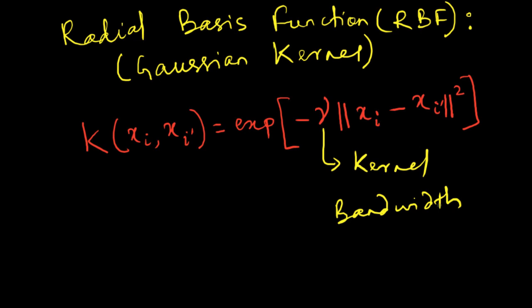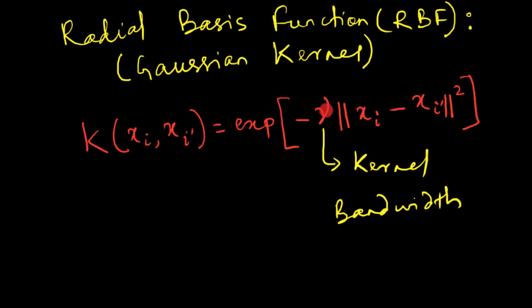So this is the most widely used kernel function because this has in some sense an infinite amount of flexibility. So if you choose your gamma to be very, very high, then this leads to an arbitrarily complex nonlinear decision boundary, because then every small distance between the points x i and x i prime is penalized very heavily.